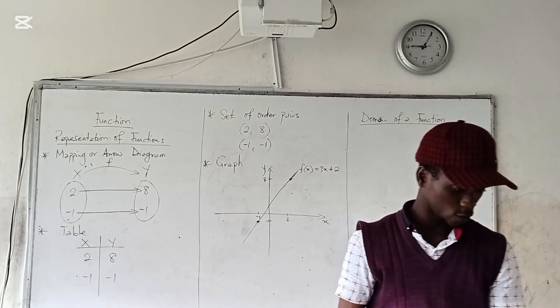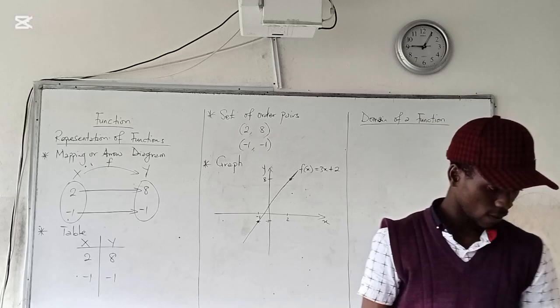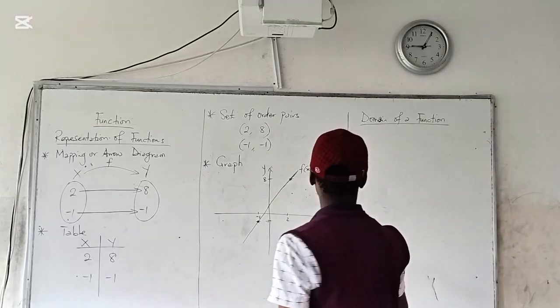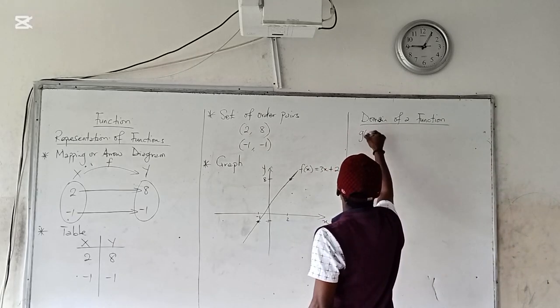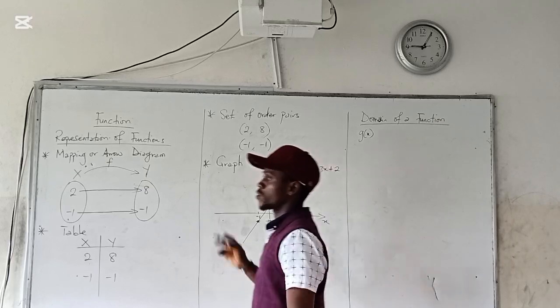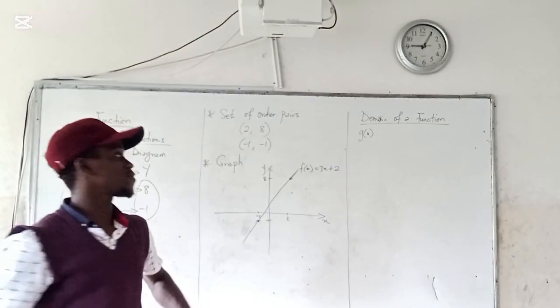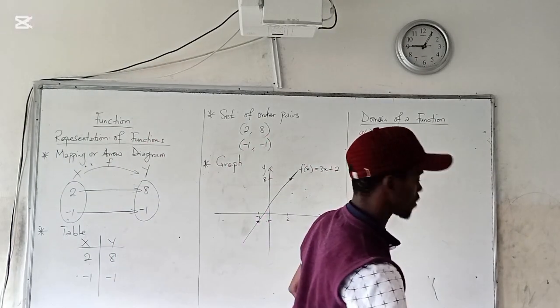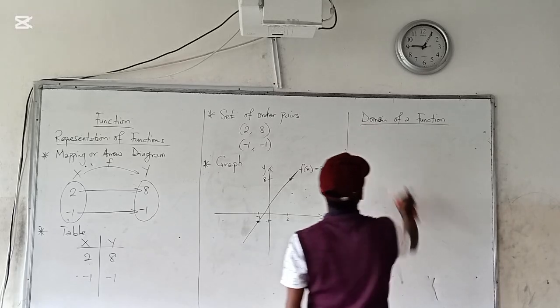Let's say I have a function, g of x. By the way, if you see a function like this, notation of function.